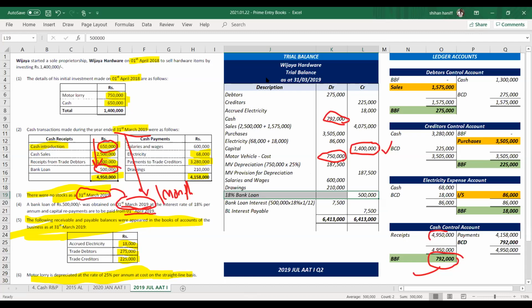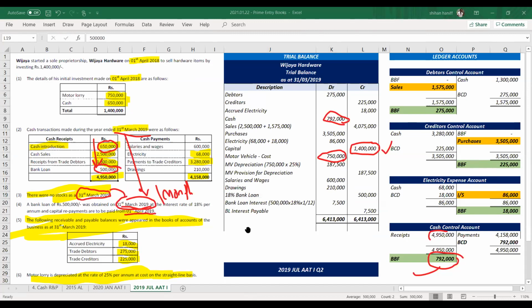So any other questions? Is the preparation of trial balance clear? Basic questions, right? You can do the remaining questions.